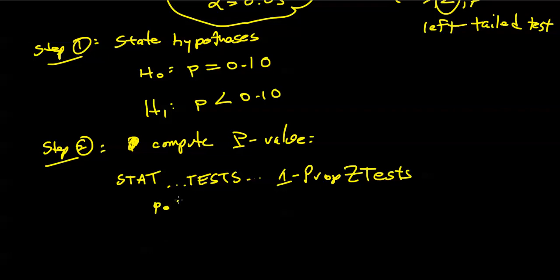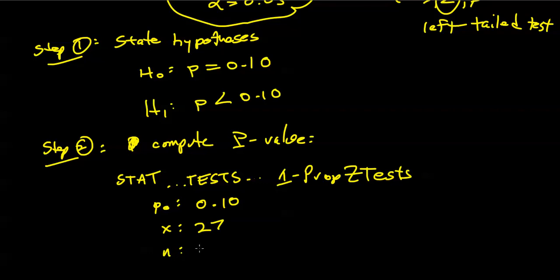P sub 0, remember that's the TI code for the null hypothesis, so I'll put 0.1. x, the raw count of the number of marijuana tests that were wrong, was 27.